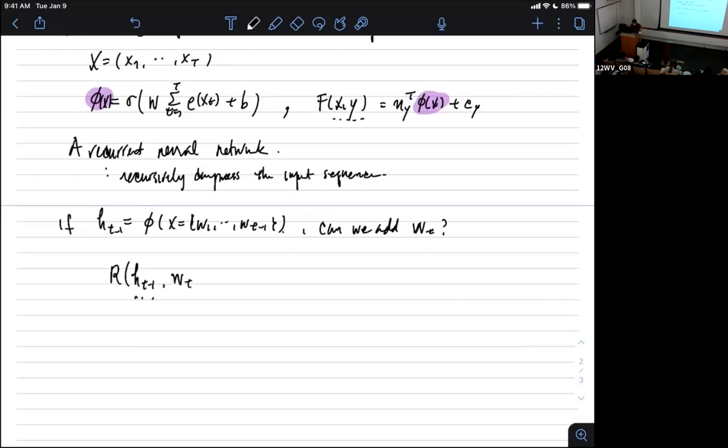I'll use R to indicate that this is some kind of neural network. And then the output from this is going to be HT. And then both HT-1 and HT are going to be, let's say, some fixed dimensional vector.